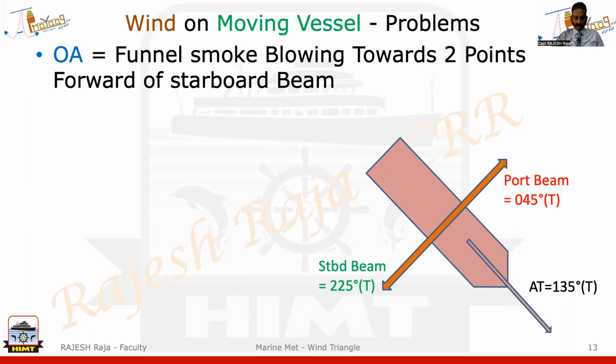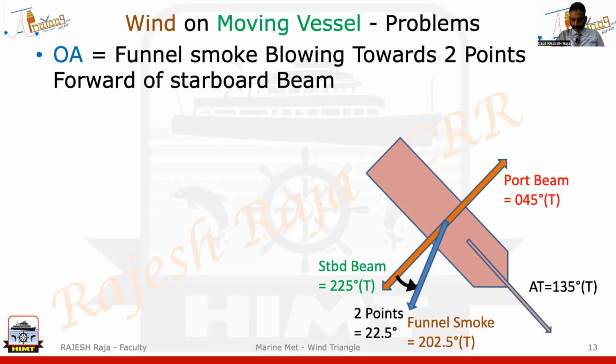I need both of them because let me show you why. Now, he says the funnel smoke was blowing towards 2 points forward of the starboard beam, which is 22.5 degrees. If you remember, 1 point is 11 and a quarter. Now I'm going to draw this line from the center. And this funnel smoke is going towards 202.5.